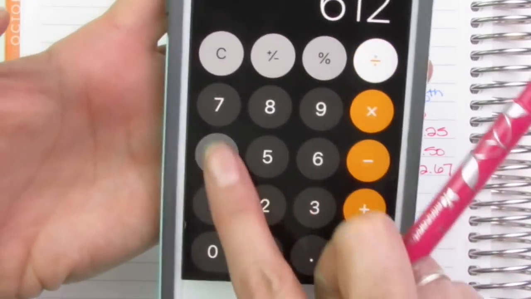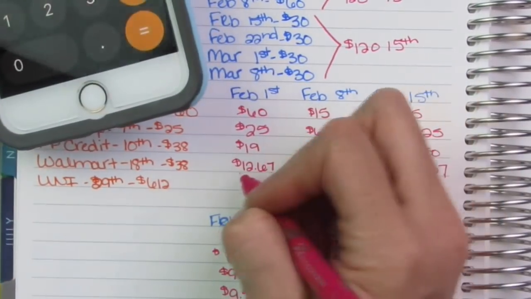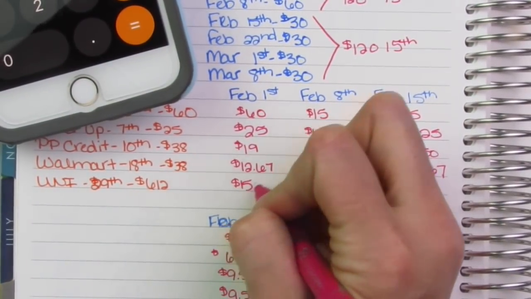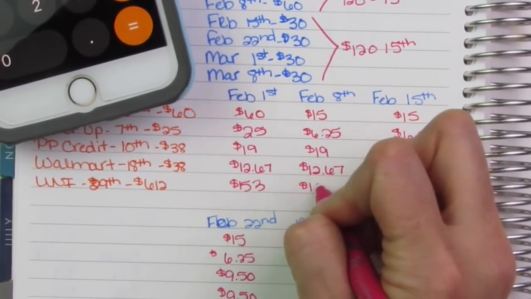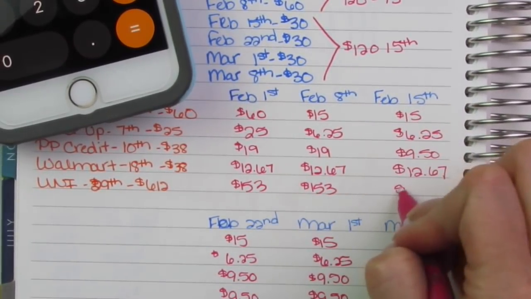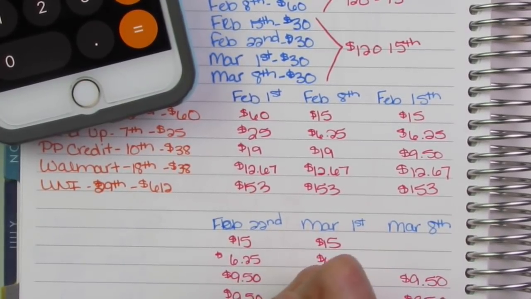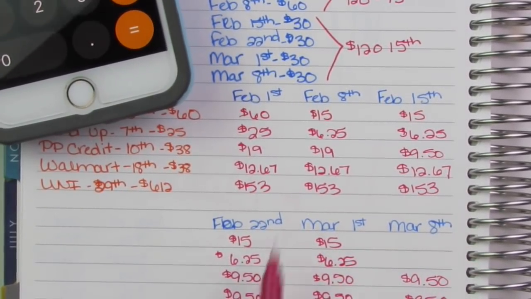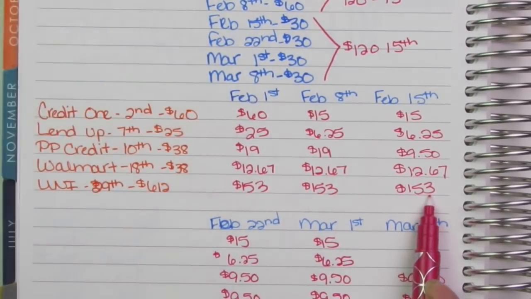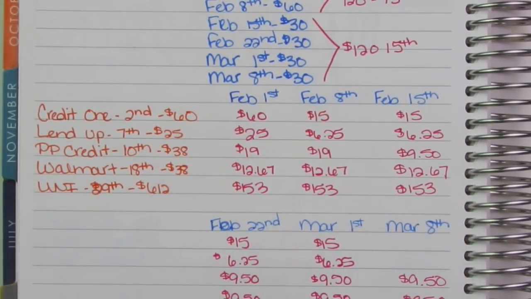So $612 divided by 4. So I'm going to be taking $153 out of every paycheck, and by the time I get to my 4th paycheck, I will have $612 set aside to be able to pay that.